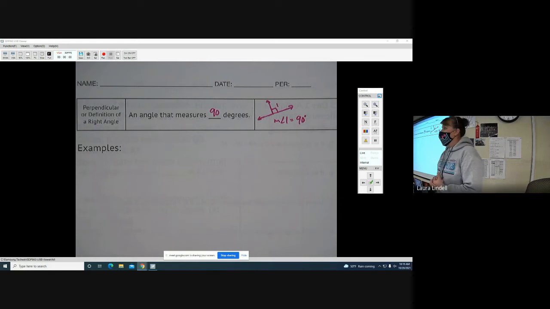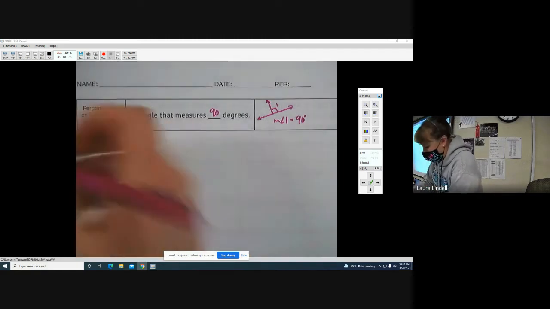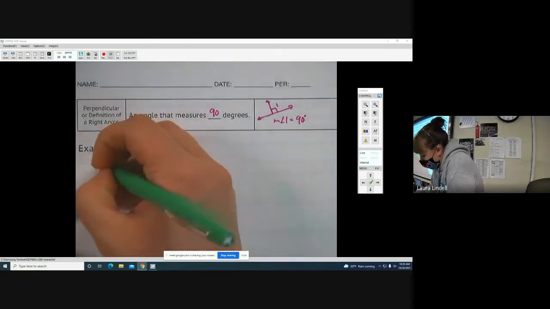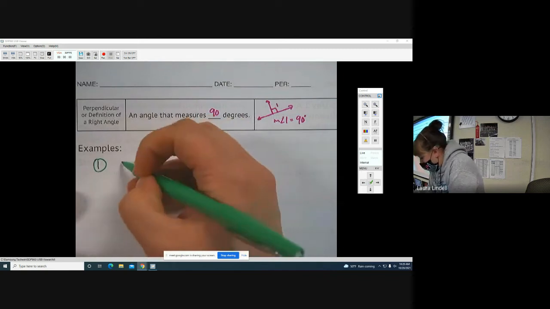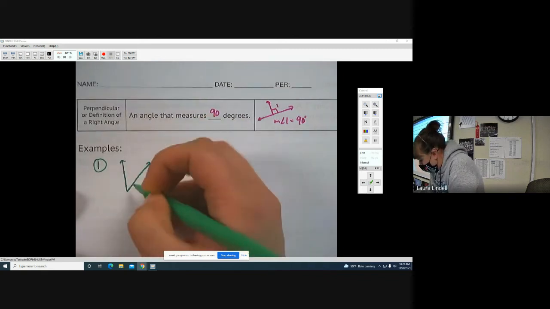Okay, so some examples that are going to look like the problems that you'll see on your homework today. The first one, we've got a picture that goes with it.